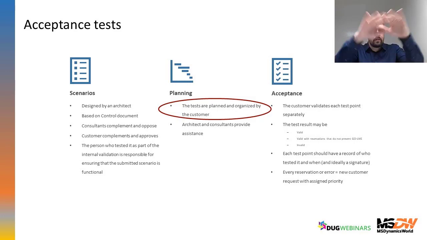And then when it is prepared by the whole team of you as a vendor, you can give it to the customer, and he can complement it, approve, oppose, of course, and add many more scenarios he sees, because you know, for example, that the solution should be valid for all his scenarios, but he knows really well what he should test.